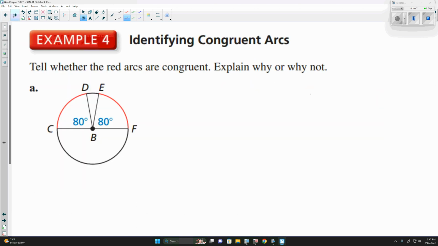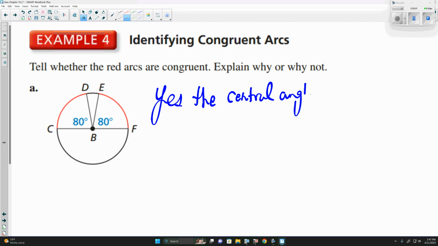Congruent central angles theorem. So tell whether the red arcs are congruent and explain why or why not. Yes, the central angles are the same.